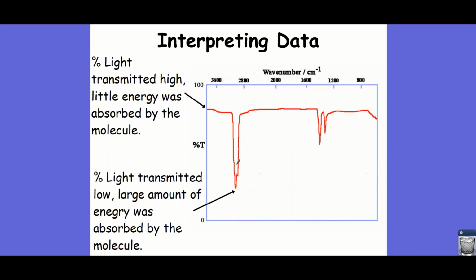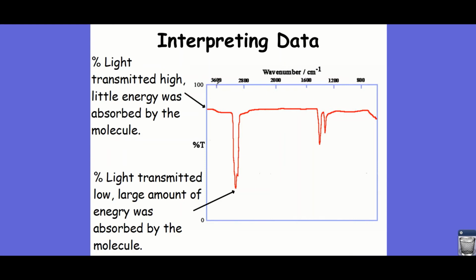You'll then see really sharp peaks, and that shows you where a particular bond has absorbed a larger amount of energy, so our transmission has dipped. It will then peak straight back up and along till we hit another peak.